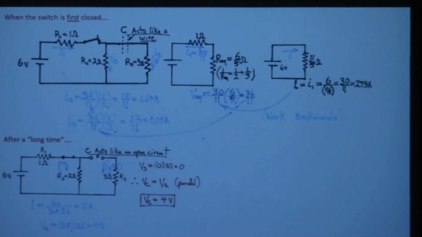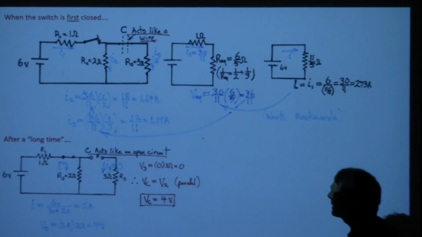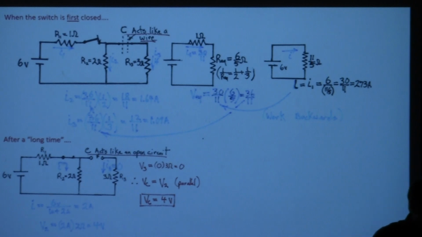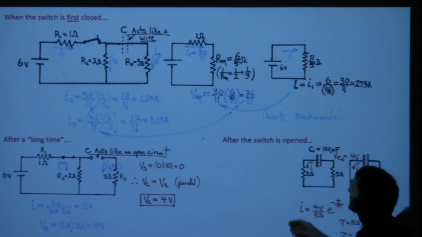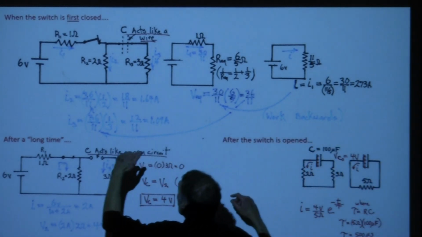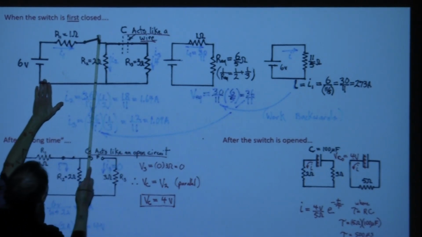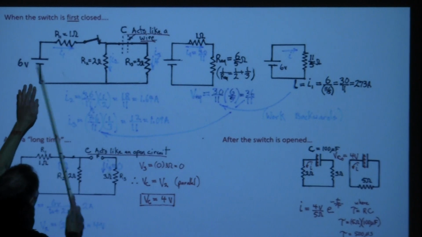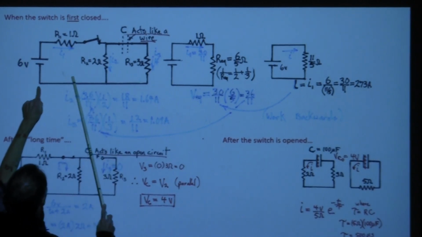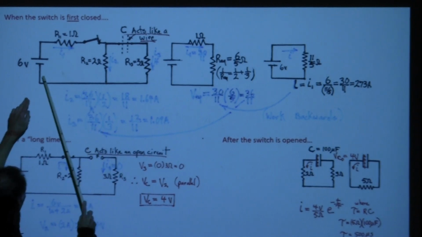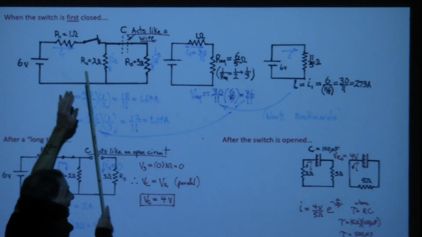Okay, we need that to step to the next step, where all of a sudden we're going to open the switch again. After the switch is opened, it's really going to take out this whole part of the circuit. Even if this is still connected here, since I'm not going to get any current when I open this up, no current coming in here, it's pretty much dead.